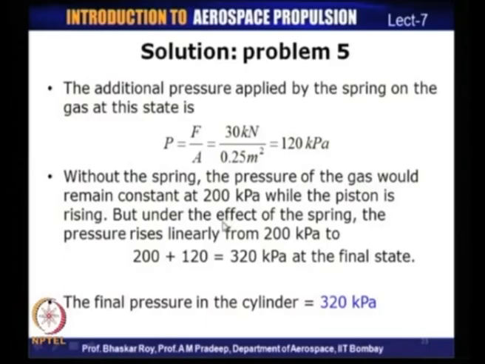But because of the presence of the spring, the pressure rises linearly, because it is a linear spring, and it rises from 200 kilopascals to 200 plus 120, where 120 corresponds to the additional pressure applied by the spring on the gas at this state. Therefore, the final pressure will be equal to 200 kilopascals, which is the initial pressure, plus 120, which is the pressure due to the spring, which is 320 kilopascals. Therefore, the final pressure in the cylinder at the end of the process is 320 kilopascals.